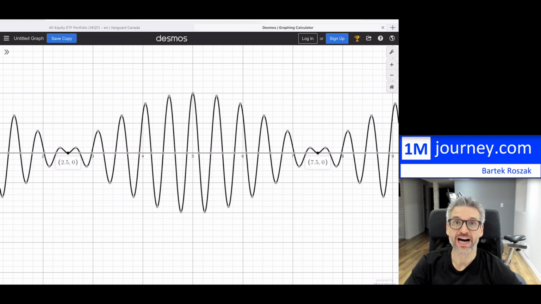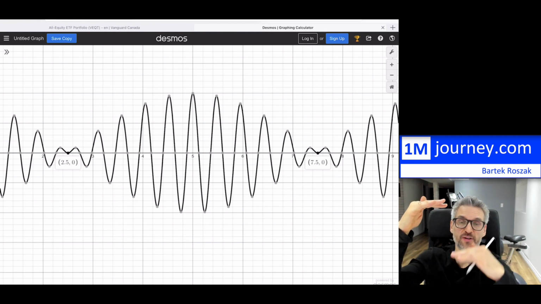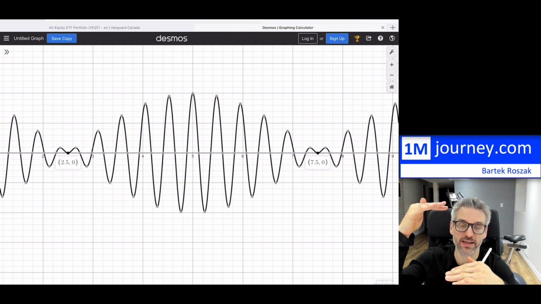So that's 5 seconds for one cycle or one beat. If you wanted to find out what the frequency is, that's cycles per second. So we would have, in this case, 1 beat, and it took 5 seconds. So 1 over 5 would be the frequency, or simply 0.2.